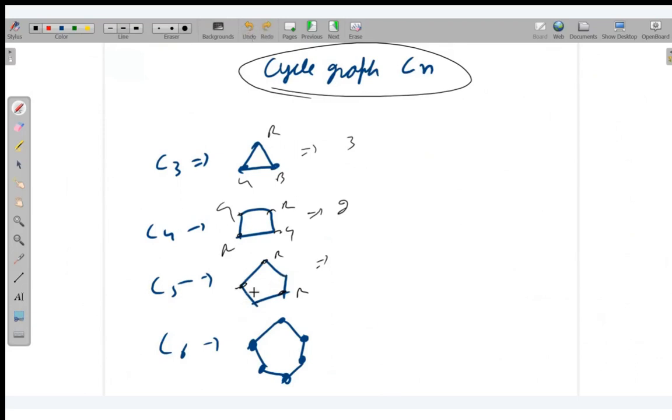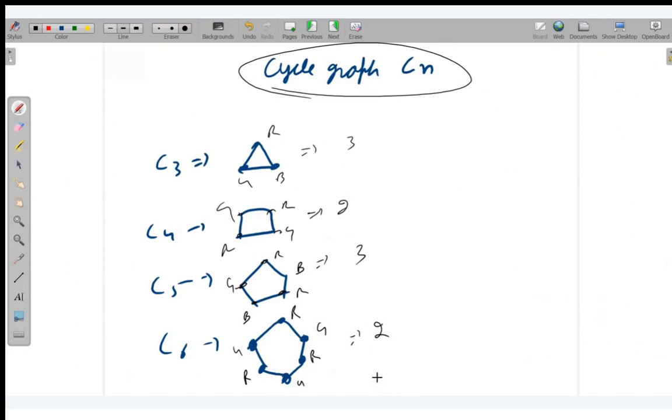This is red, this is red. This cannot be red, this cannot be red, this cannot be red. So I will take blue. If this is blue, then this is blue. And then no way out. So I have to take another color, say green. So 3. Here, red, red, red. Then no other red. Then green, green, green. So 2.